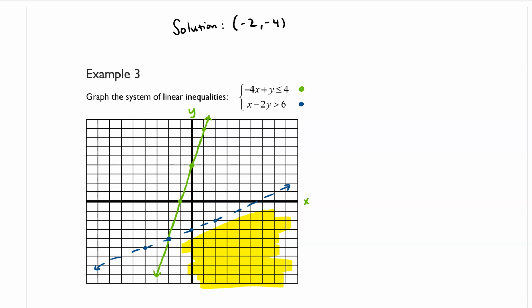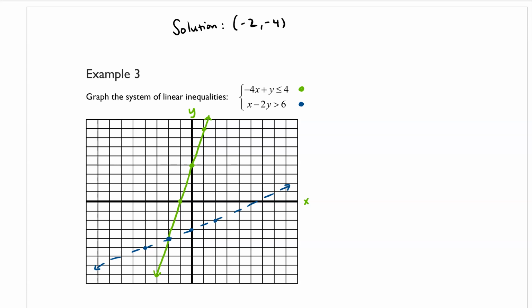So those are our 4 regions, and all of our solutions to both of these inequalities are going to fall in one of those regions, and it's our job to figure out which of those regions makes it true. There are several different ways that we can do this. I like to draw arrows to think about which side we're on.